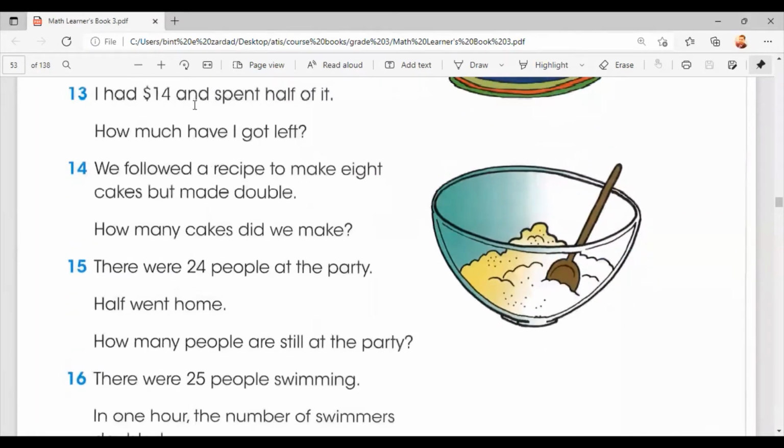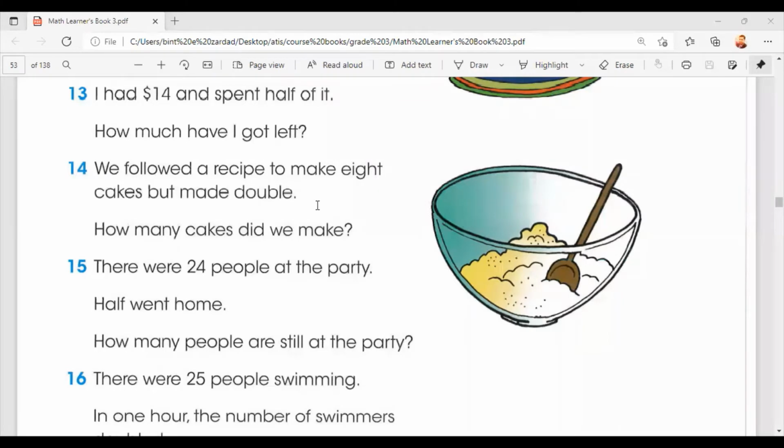We followed a recipe to make 8 cakes but made double. How many cakes did we make? From 8, making double: 8 plus 8 equals 16.